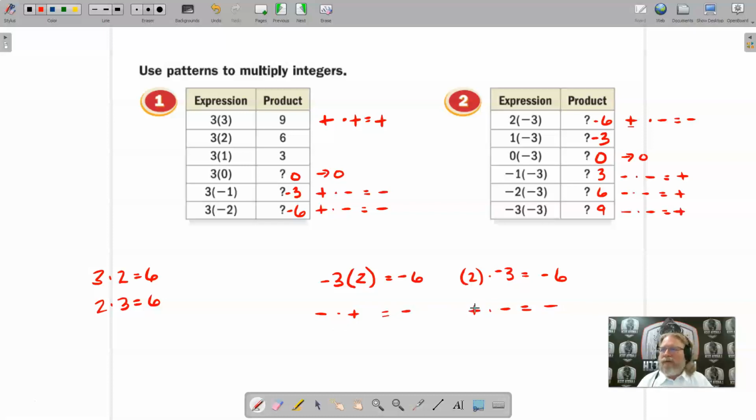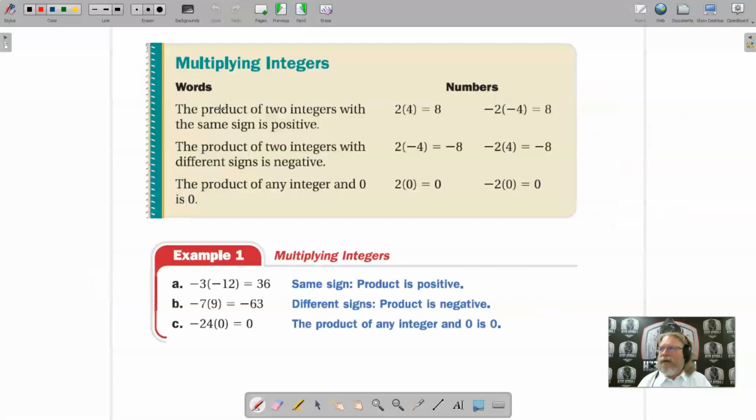So from all of this, we come up with a rule, and we see that rule here in our notes, multiplying integers. In words, we say that the product, remember product is the result of multiplying two factors together. The product of two integers with the same sign is positive. So positive times positive equals positive.